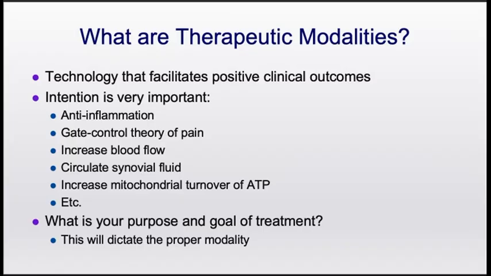And we can use other therapies like laser to increase mitochondrial turnover of ATP to help the cell do cellular work. There are a plethora of reasons why we use therapeutic modalities, and once you find out what your goal is, that's what's going to drive your strategy in terms of what modalities you're using.